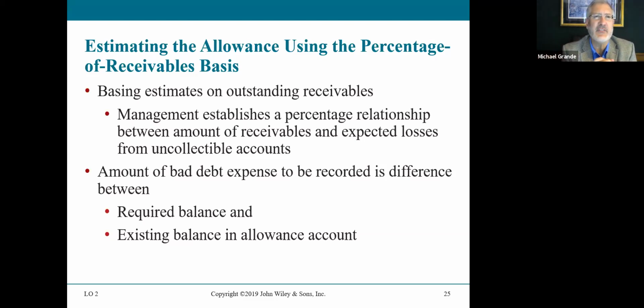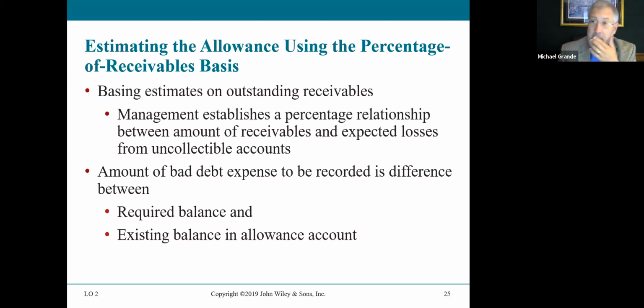Estimating the allowance using the percentage of receivables basis means basing estimates on outstanding receivables. Management establishes a percentage relationship between the amount of receivables and the expected losses from uncollected accounts. The amount of the bad debt expense recorded is the difference between the required balance and the existing balance.